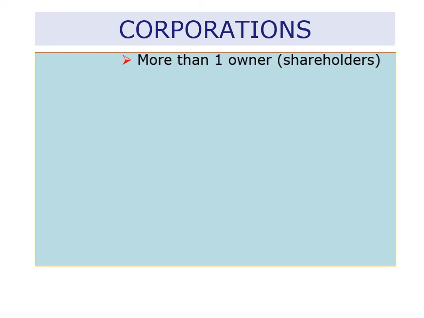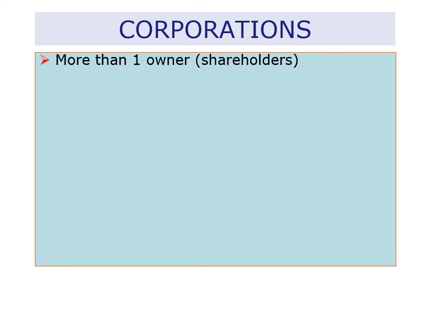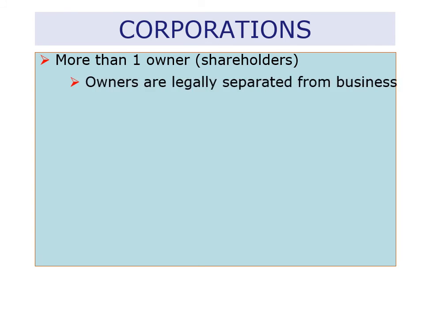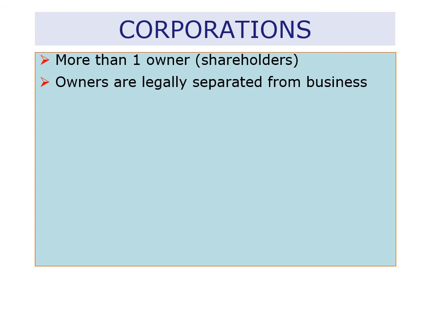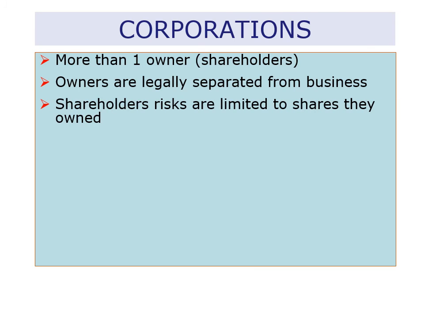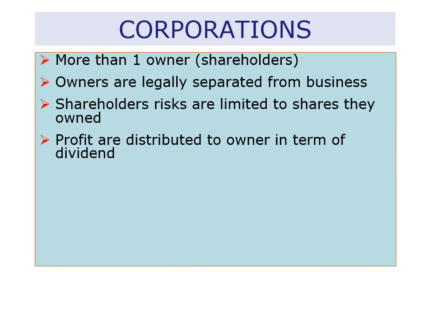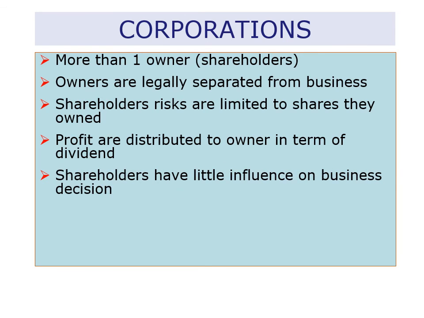For the corporations, Sendirian Berhad means more than one owner, and under the new Companies Act, Sendirian Berhad can be only one owner. A bit odd, but it's true. And owners are legally separated from the business, and the shareholders' risks are limited to the shares they own, and the profit is distributed to the owners in terms of dividend.